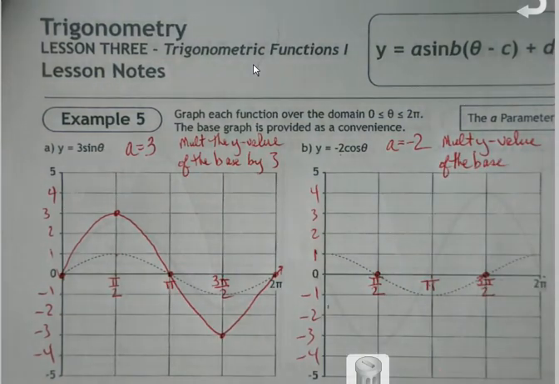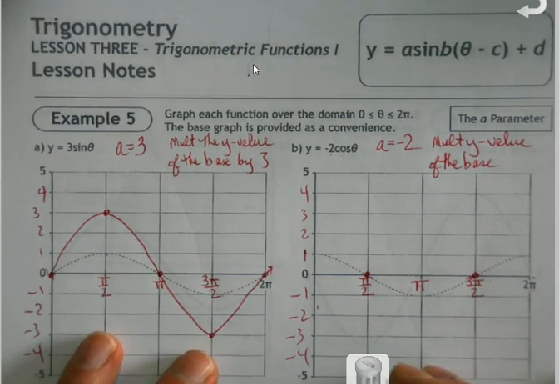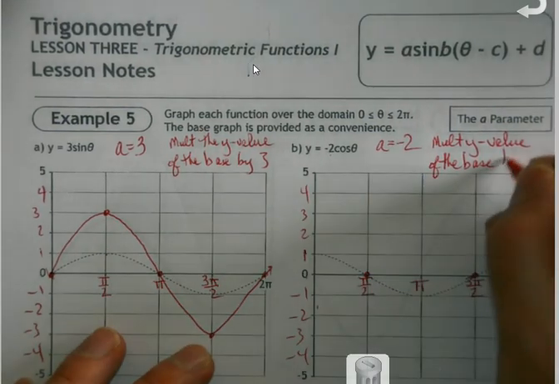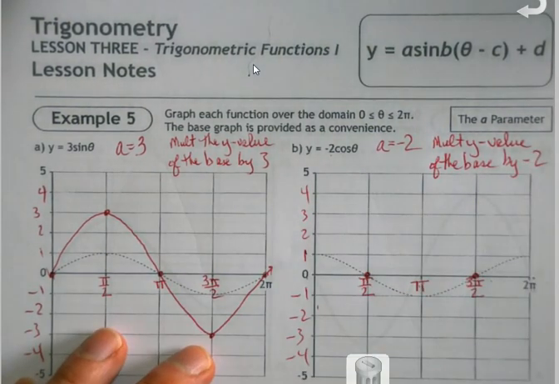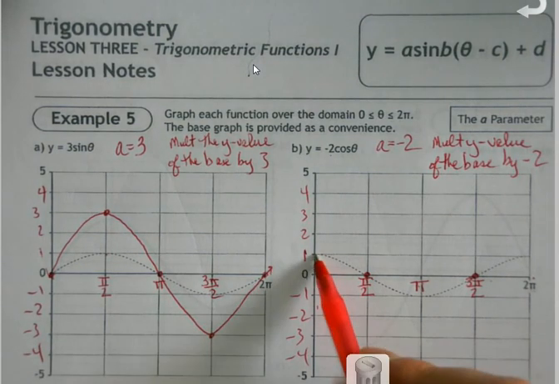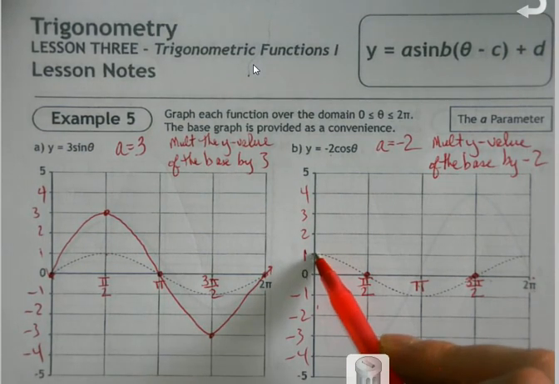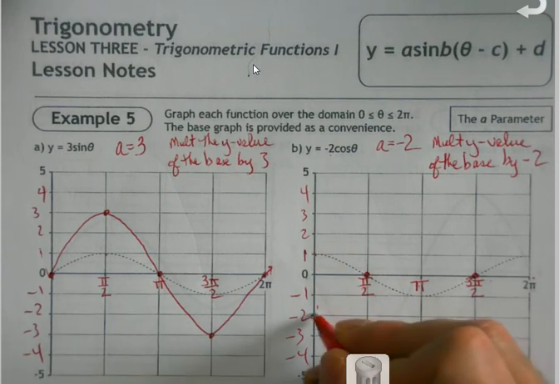But even if you did that on your own and drew it in dotted and then put in the real one, it's not a bad idea. By negative 2. Okay. So right here, for instance, my y value is 1. What's 1 times negative 2? Negative 2.